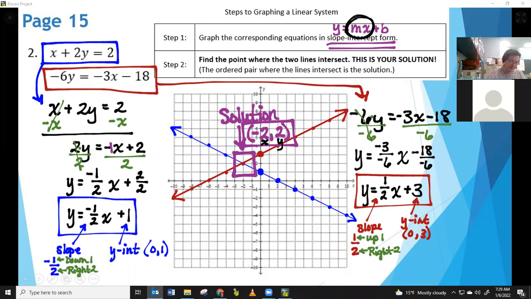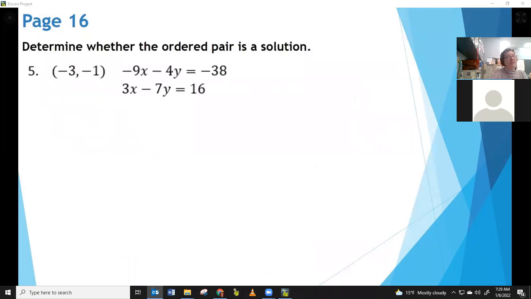I want to look at a system, and they've given us an ordered pair, and we want to determine if this is a solution. We're going to do that by subbing this in.